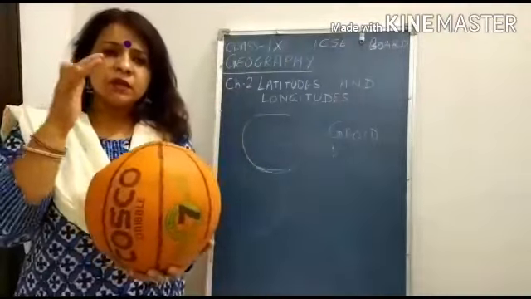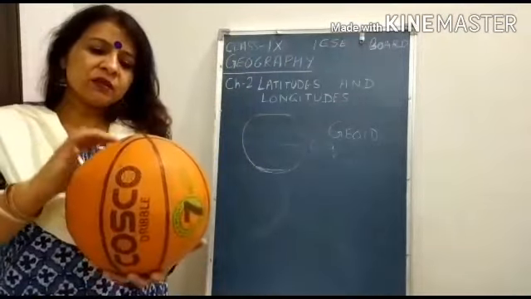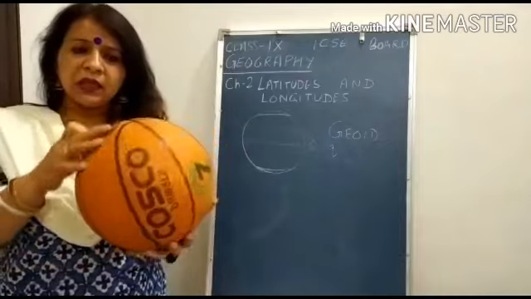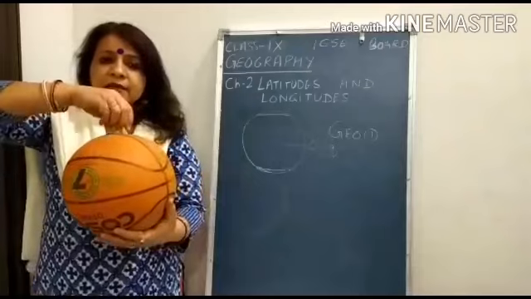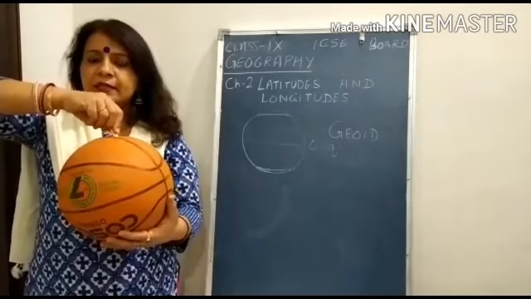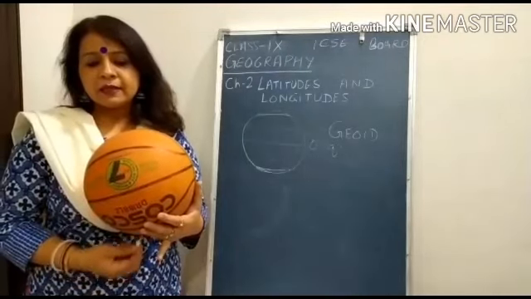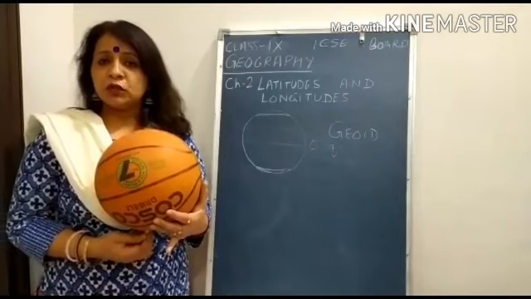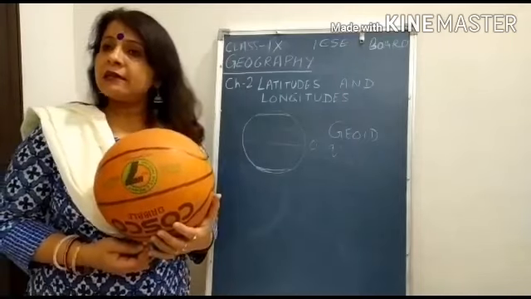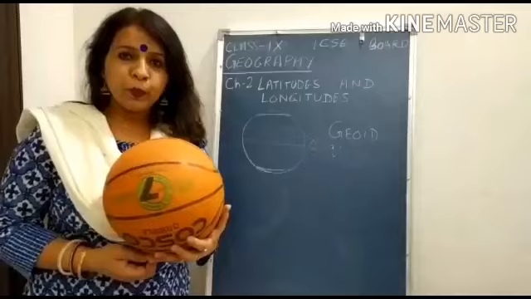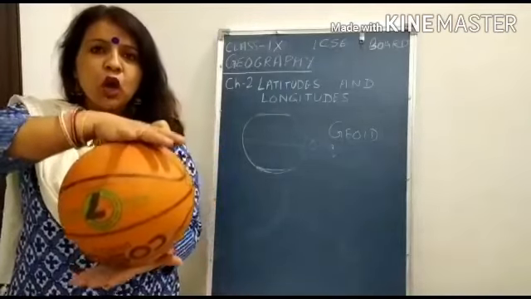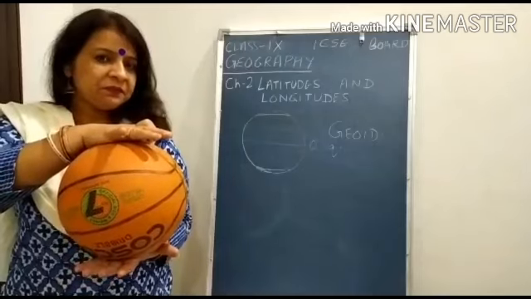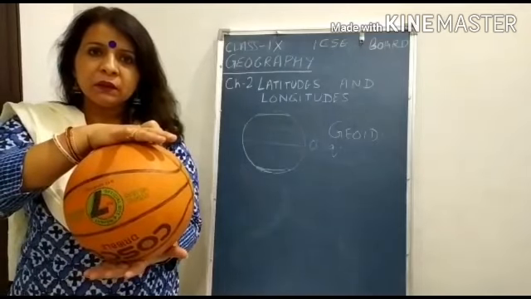Okay, so you just have to think, if this is the 0 degree equator, and I am keeping it this way, this is considered as 90 degree north pole, and the very bottom portion is considered as 90 degree south pole. Clear? If I press from the top and the bottom, then what will happen?